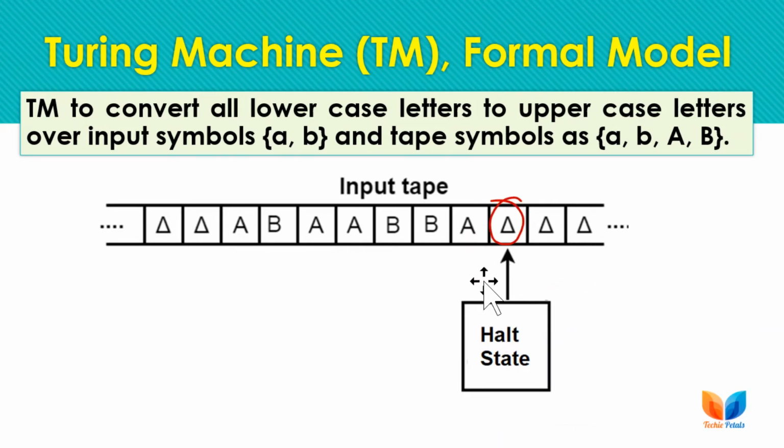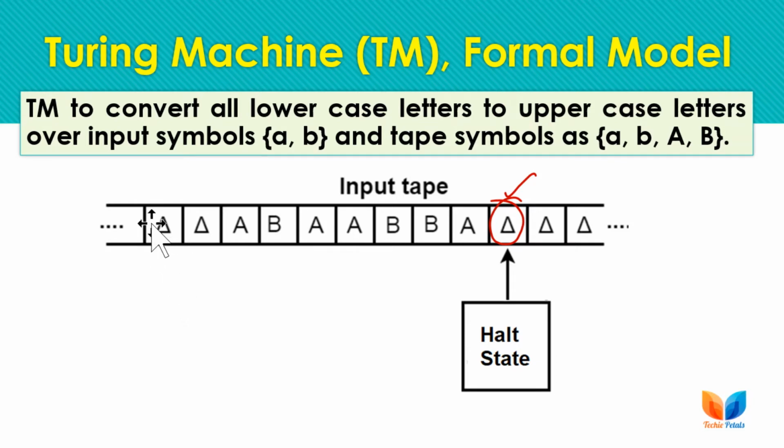Now the tape head, or we can say the finite control, is pointing to a blank symbol. Here these are representing the blanks. If there is nothing on the tape, we have the blank symbol. These blank symbols are not considered under the tape symbols; they are the default for any tape.